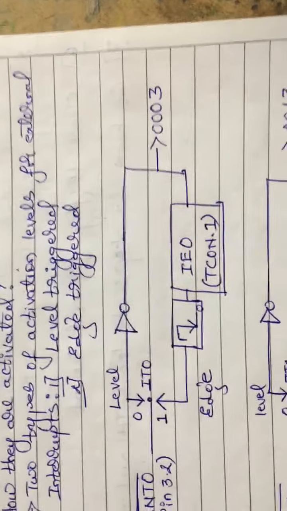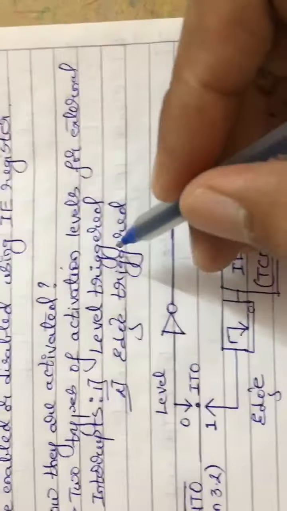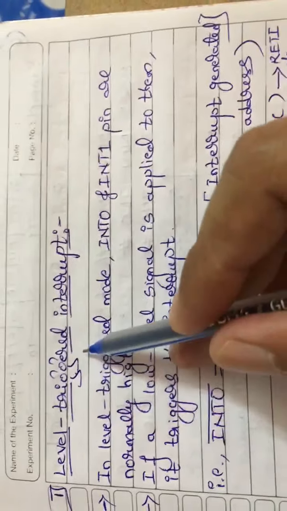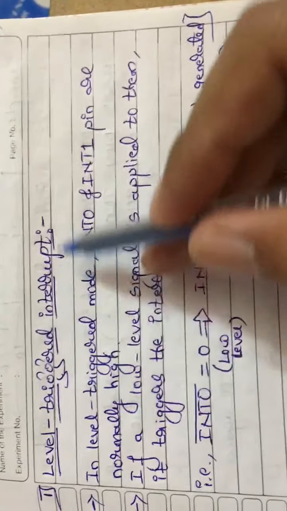Now I will see in detail how level triggering is actually done. The title is level triggered interrupt. First I will read out the statements. In the level triggered mode, INT0 and INT1 pins are normally high.